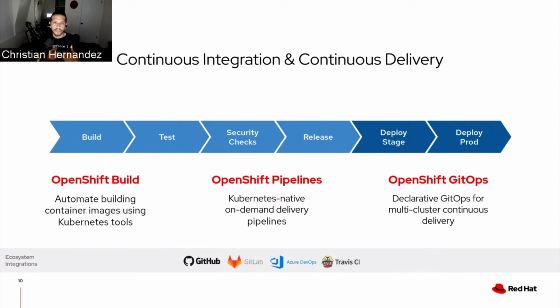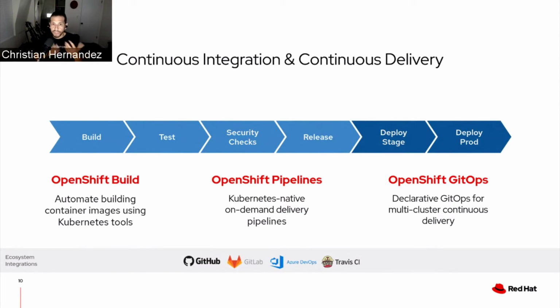This is made up of different parts. So I like to take a step back and talk about the different parts that make up the cloud native CI/CD on OpenShift. We have OpenShift Builds, which is used to build your application.